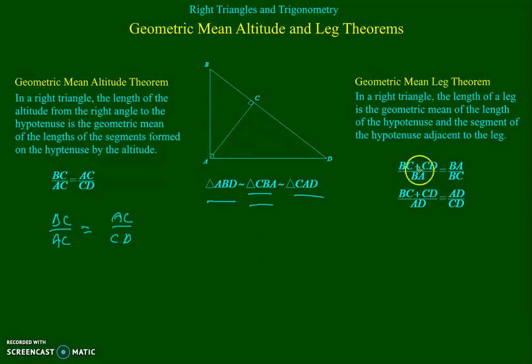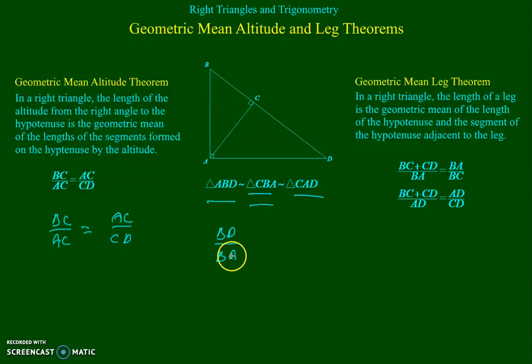We need BC plus CD, and that's actually BD. So we can just put BD, and BD in the big triangle corresponds to BA in this little top triangle here.